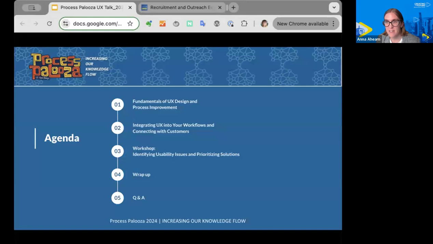So a quick look at our time together today. First, we'll cover the fundamentals of UX design and process improvement. What do we mean when we say those terms? Creating some shared understanding of those definitions. Then we'll get into integrating UX into your workflows and connecting with customers. How can you bring that into your current processes?